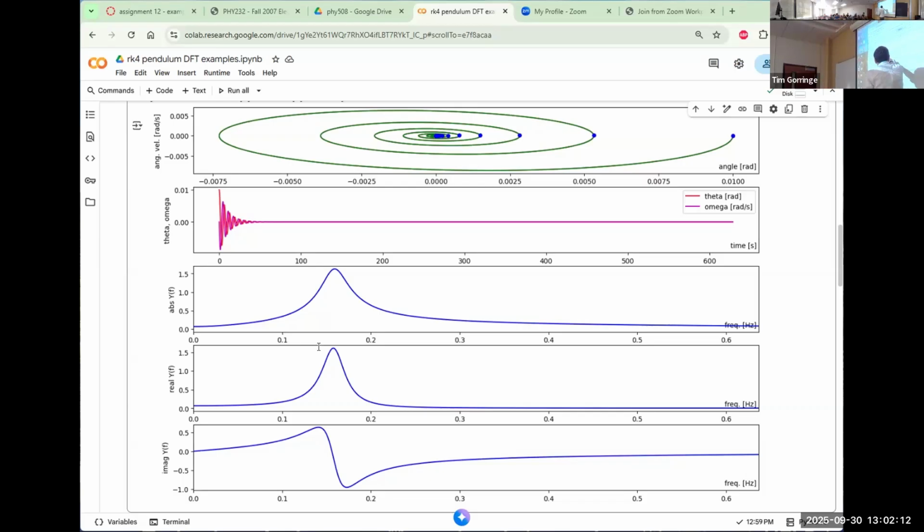So omega naught was 1, beta was 0.1. So it'd be the square root of 1 squared minus 0.1 squared, which would be 0.01. So it is just fractionally smaller than the natural frequency. So we can't really see that.